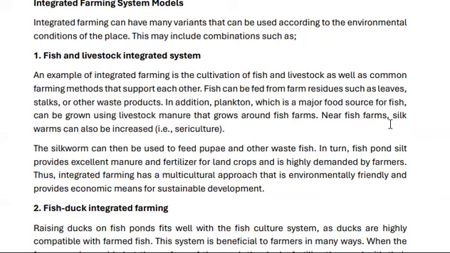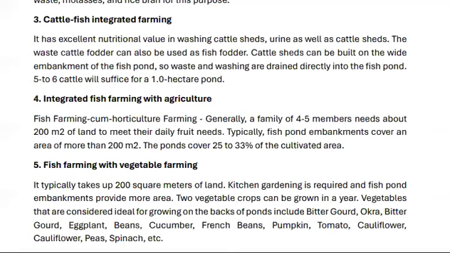So dito, we adapt fish farms na malapit sa mga grazing lands natin, etc. Next, another combination ay ang cattle and fish integrated farming.